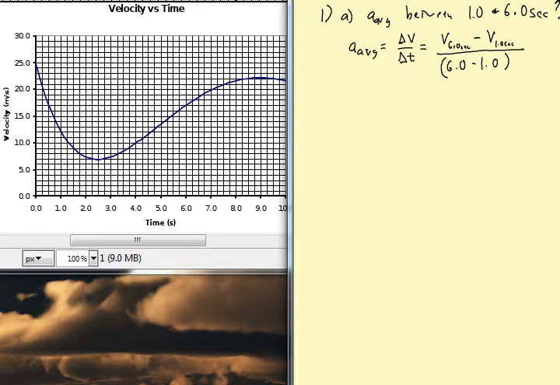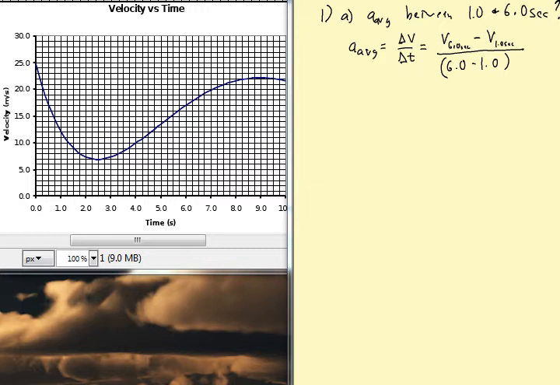Now let's figure out what we're talking about here. What's our velocity at 6.0 seconds? Well, to figure that out, we look at our plot and we just eyeball, and going up this 6.0 second line it looks like we're at about, what is that, 17.0?